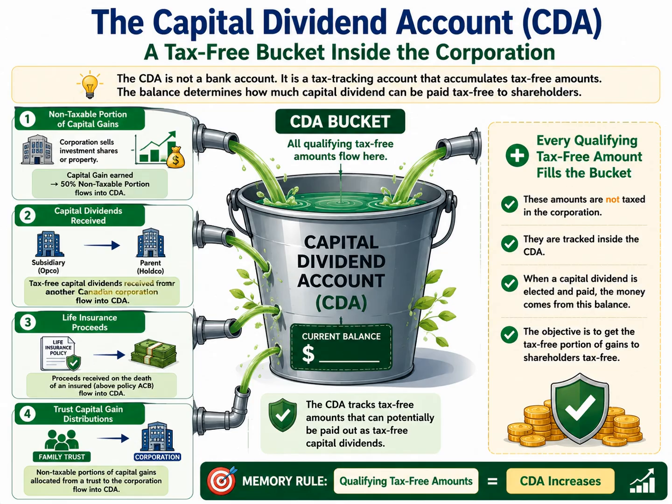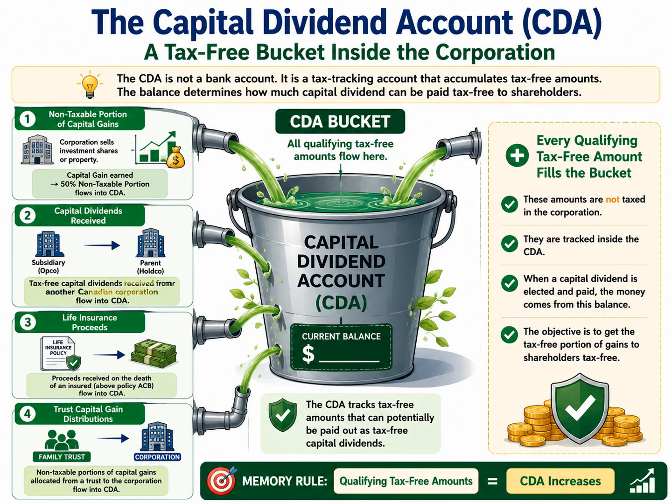Finally, certain trust distributions related to capital gains can also increase the account. When a trust allocates qualifying capital gains to a corporate beneficiary, the non-taxable portion may flow into the corporation's CDA. The key idea is that all of these transactions share one common characteristic.